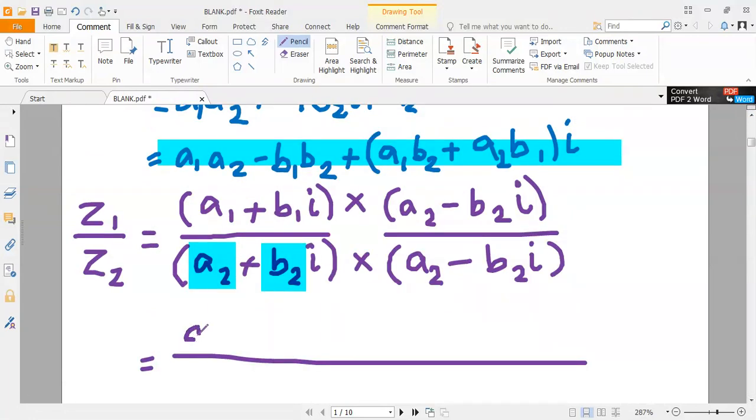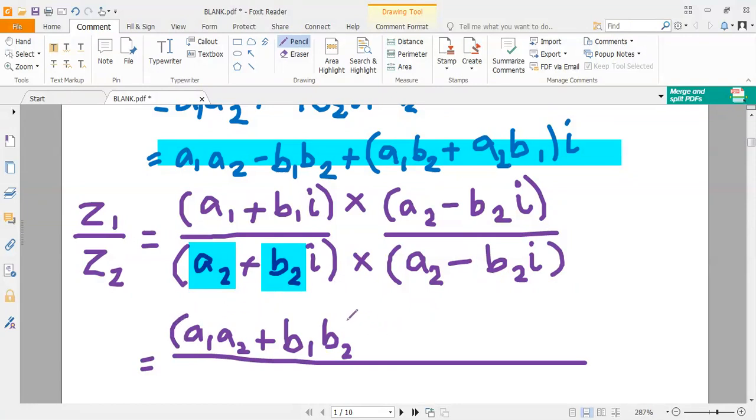So what I'll be doing is looking at the expression. What I'll have is a1 a2. In my original expression both of them were positive, but here b2 is negative. So what I'll have is a1 a2 plus b1 b2. I hope it's clear. It's of course clear, right? B1 here, b2 is negative, so if I take b2 to be negative, this is positive, right?